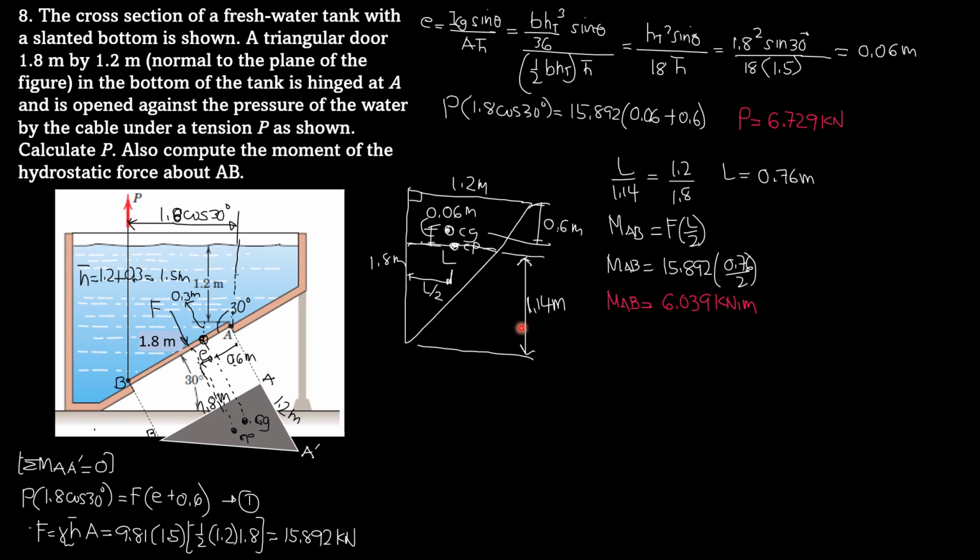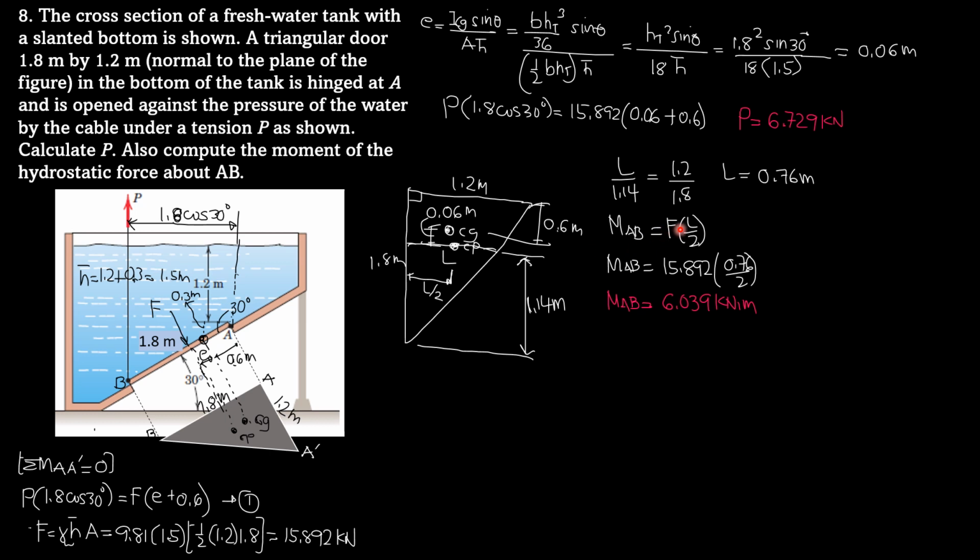Therefore, this distance is 1.8 meters minus 0.6 minus 0.06, so 1.14 meters. So from the figure, by similar triangles, L is to 1.14 as 1.2 is to 1.8. Solving for L, it is 0.76 meter. So therefore, F acts here, and by principle, this distance from axis AB is half of L, L over 2.